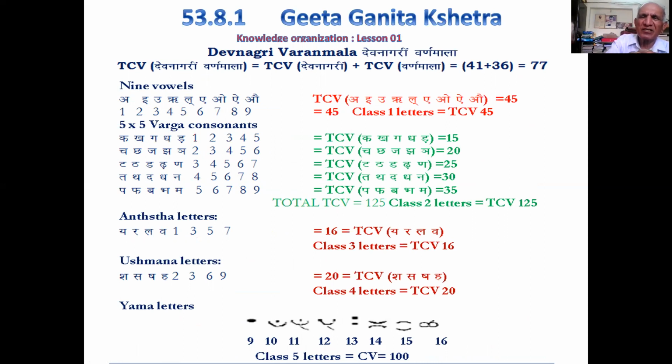This Devnagri itself is a composition of letters of the Devnagri alphabet, and each letter has an association of a number value, a placement value designated as a TC value. So the TCV values of all the letters of the formulation Devnagari, on summation, will lead to the TC value of the whole formulation.